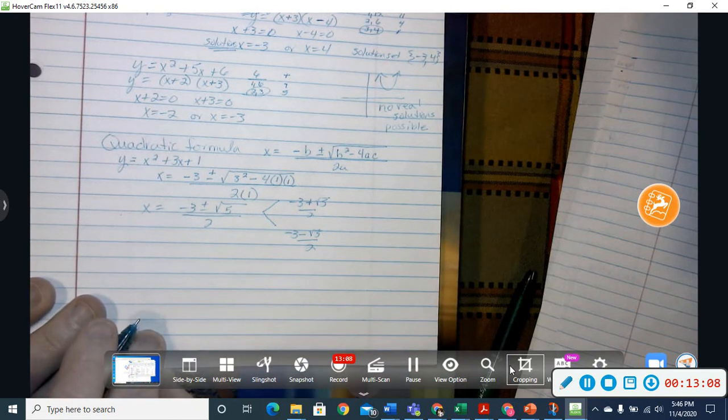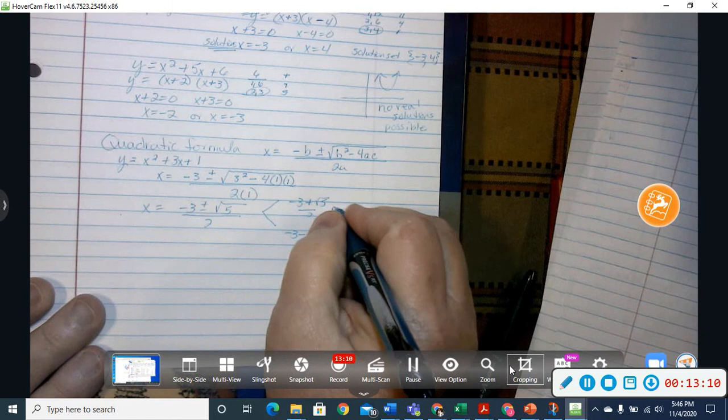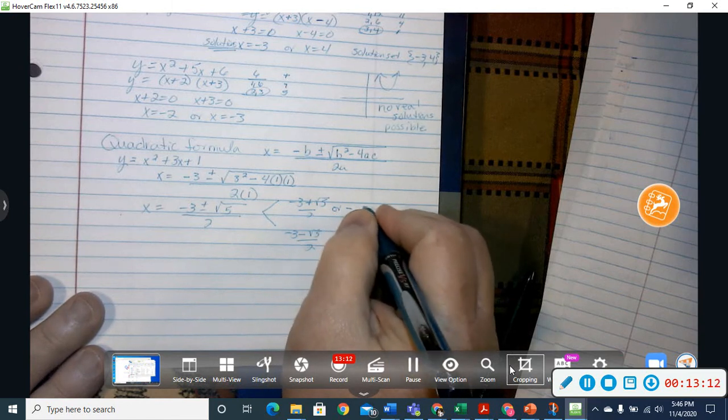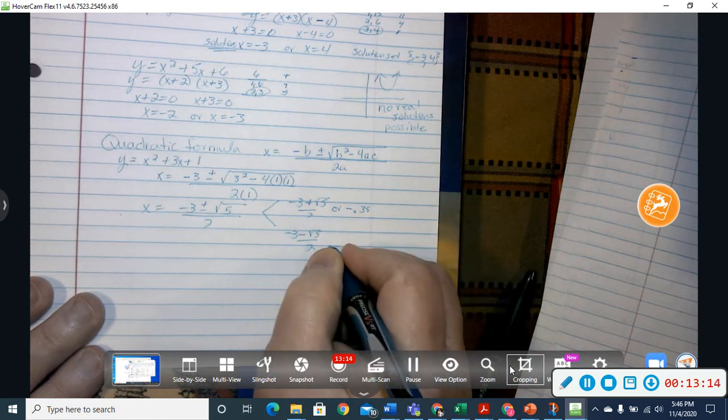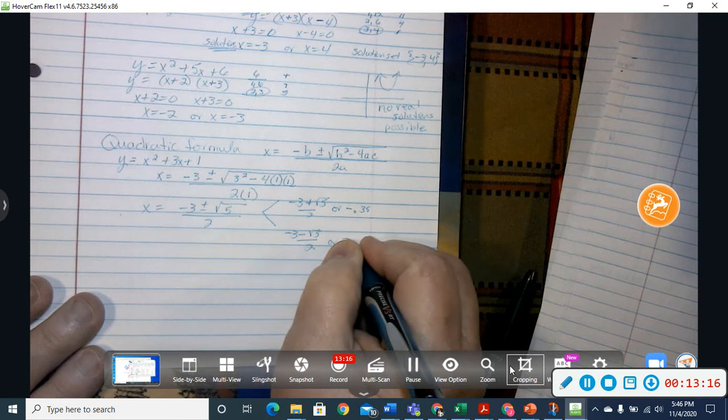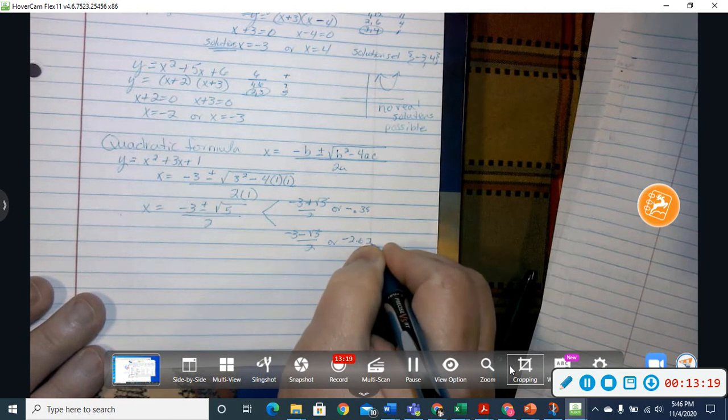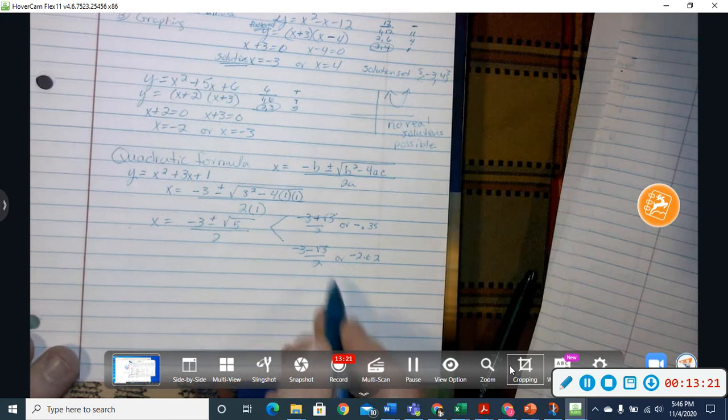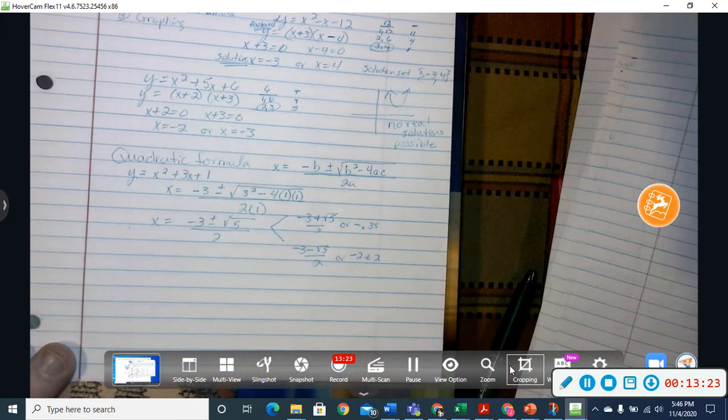Each is a solution. So this turns out to be negative 0.38, and this turns out to be negative 2.62 when you calculate that on a calculator.